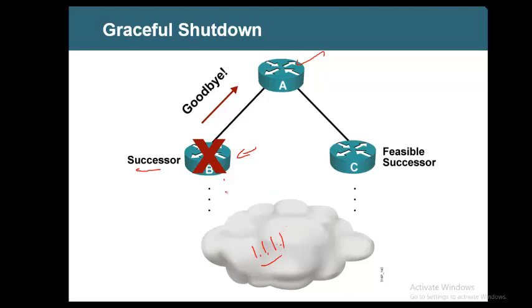Now, when 1.1.1.1 is unreachable for B, it sends a goodbye message for that network 1.1.1.1. It sends to router A that 1.1.1.1 is a goodbye, meaning, I cannot take you anymore to 1.1.1.1.